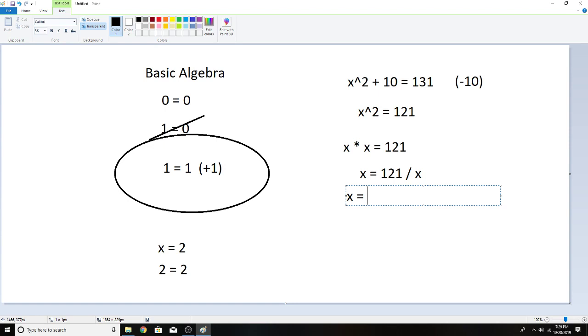So what's 121 divided by a number that goes into 121? That's 11, because as we know, x times x equals 11 multiplied by 11.